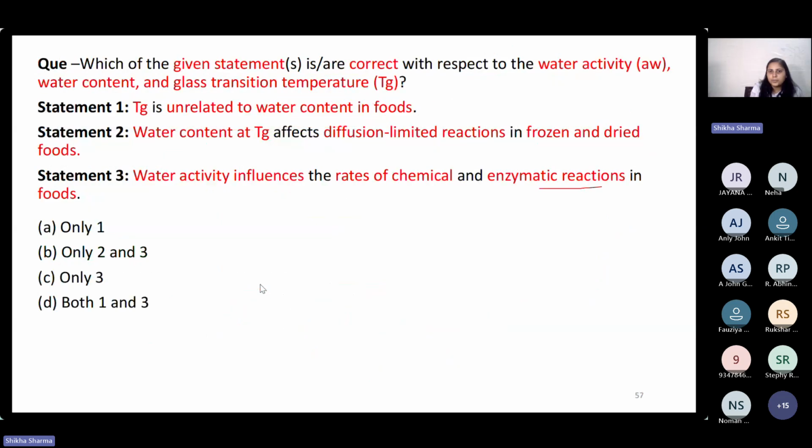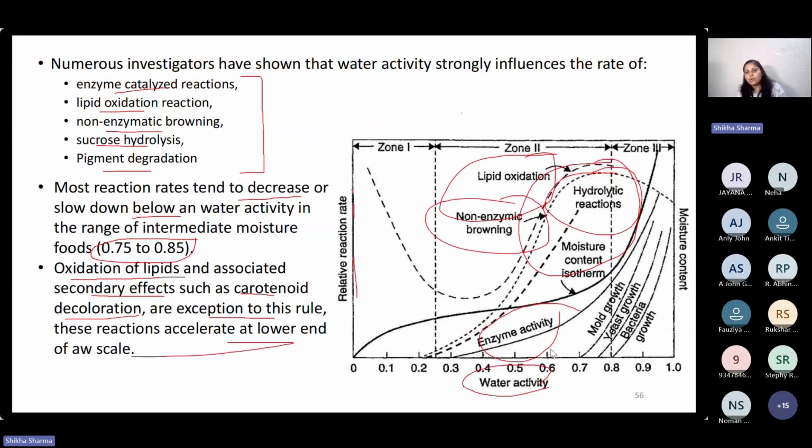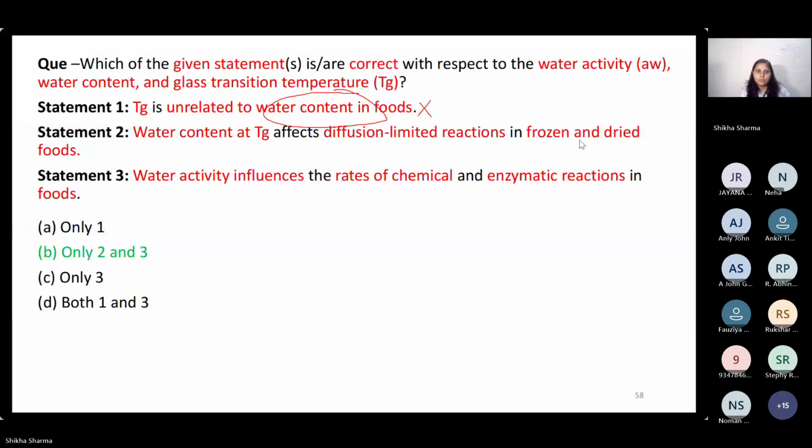At low water activity these reactions will not take place at a fast rate, but when water activity is near 0.8, the reaction rate will be very high. So water content at Tg affecting diffusion-limited reactions in frozen and dried products is correct, and water activity influencing the rate of chemical and enzymatic reactions in food is also correct.